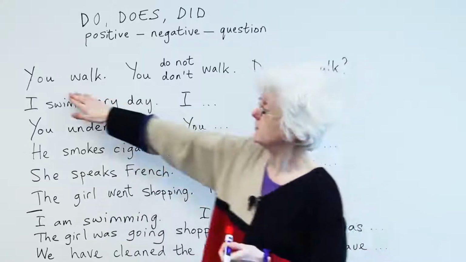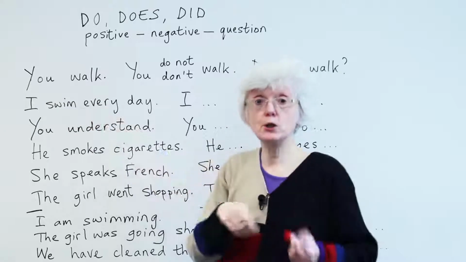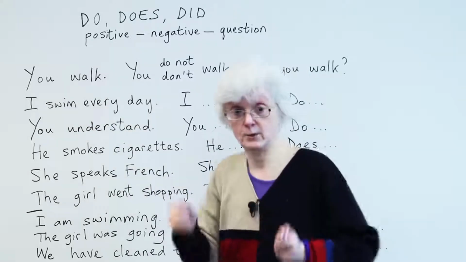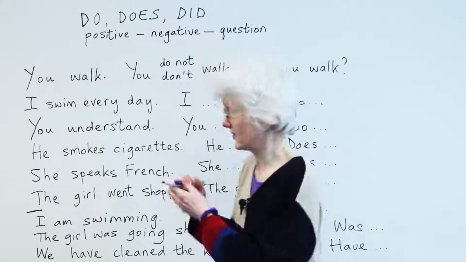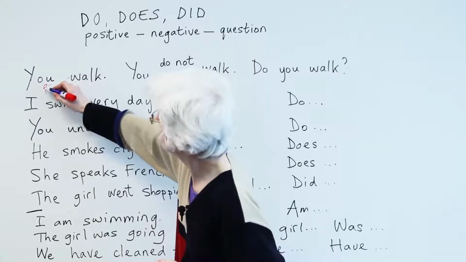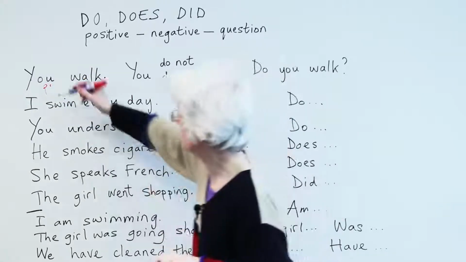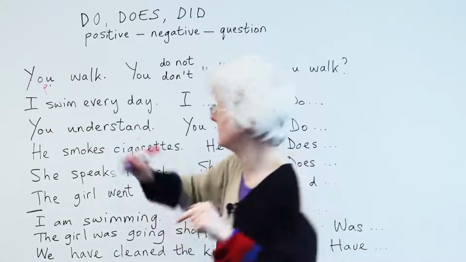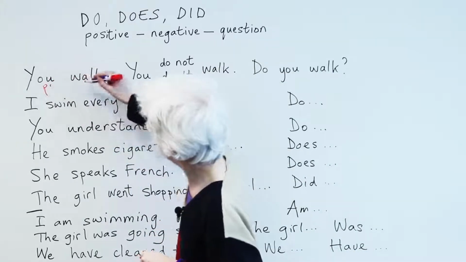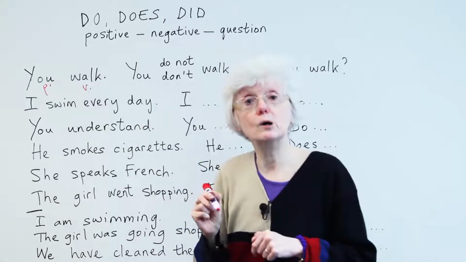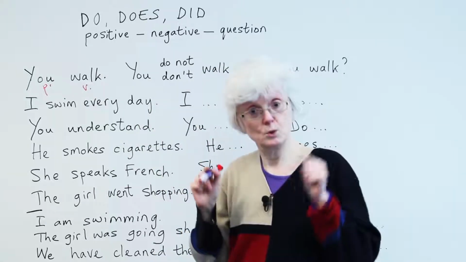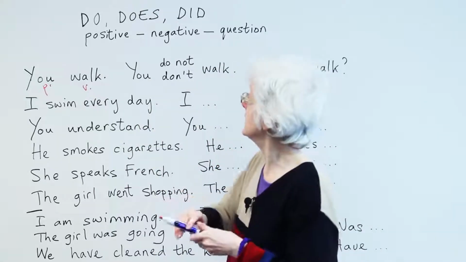Okay, so just a simple sentence, you walk. So we've got the pronoun, you, the person, P for pronoun, P for person, okay? And the verb, to walk. You walk, okay?